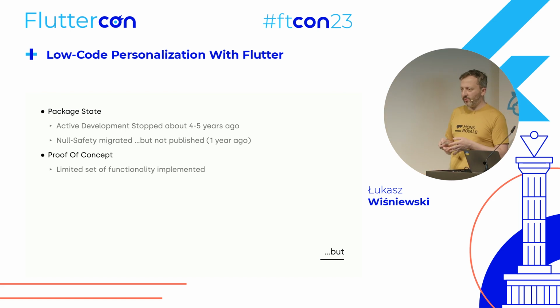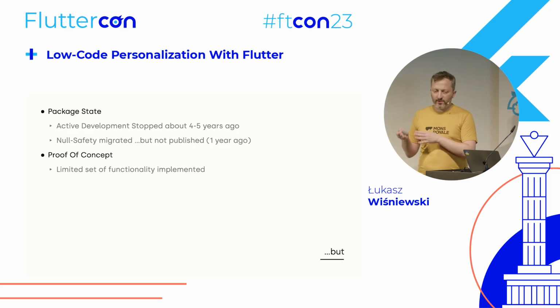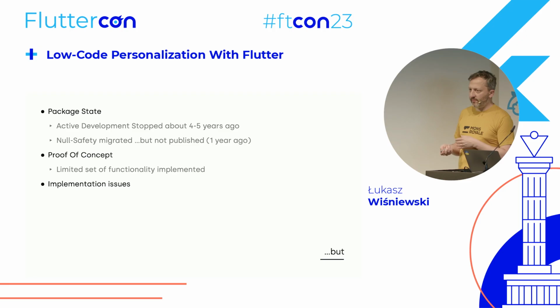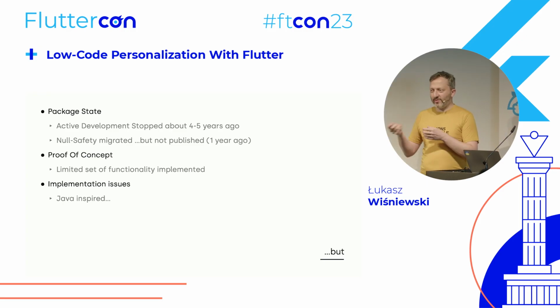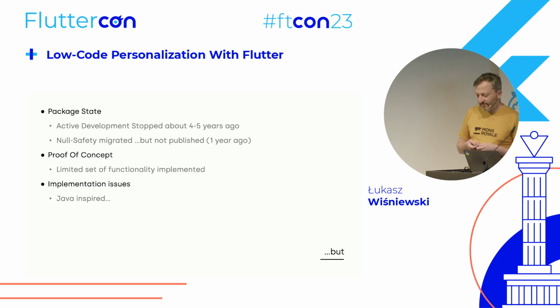I mean, it did work for the person writing it, but it didn't work for my needs. And furthermore, Drools is taken from Java world, where they have reflection. Maybe some people are here from DroidCon. And it's not something you have in Flutter. There's reflection there, but not in Flutter.